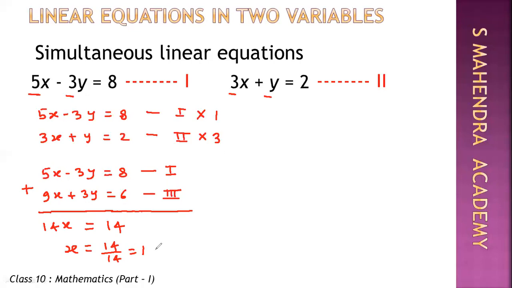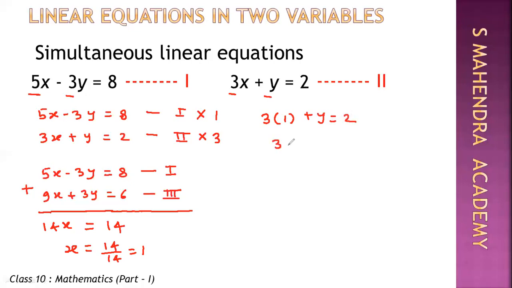Now we will substitute this value of x is equal to 1 in equation 1 or equation 2. So we will substitute this value in equation 2. 3 into 1 plus y is equal to 2.